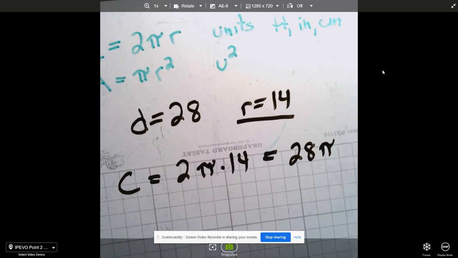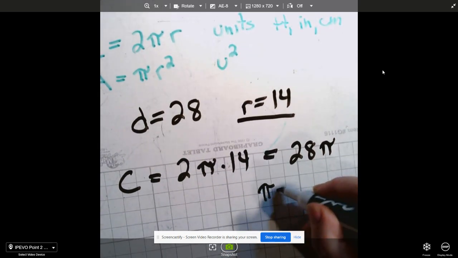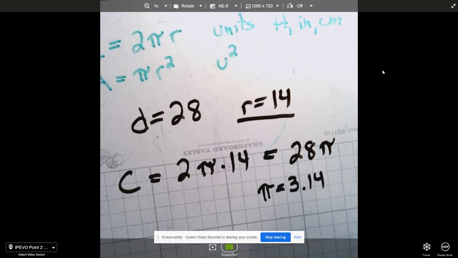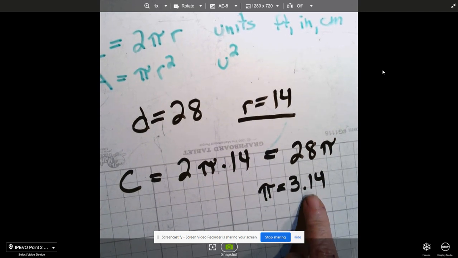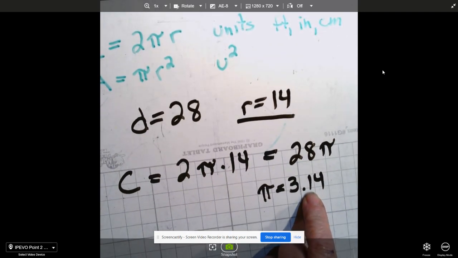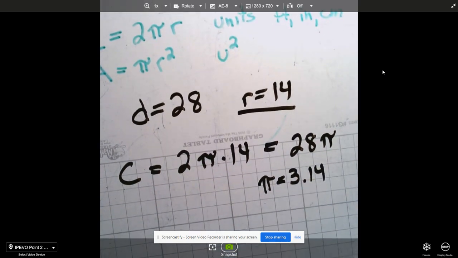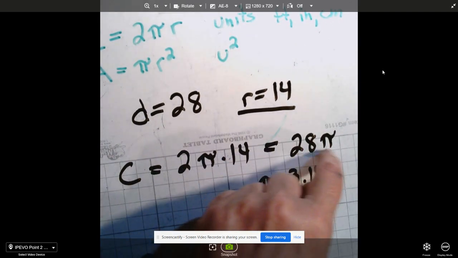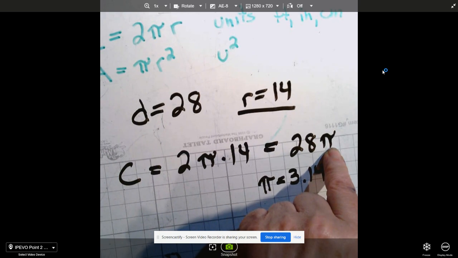So if I use pi equals 3.14, that's just a little piece of the pi, if you will. So if I substitute that in for pi, then I'm giving you an approximate answer because I'm approximating pi. So if it says leave in terms of pi, that means pi will just go in your answer.